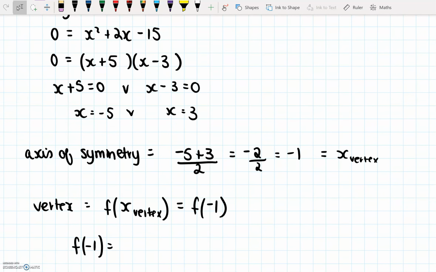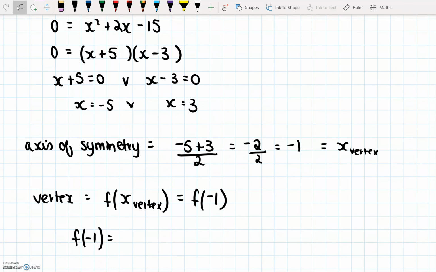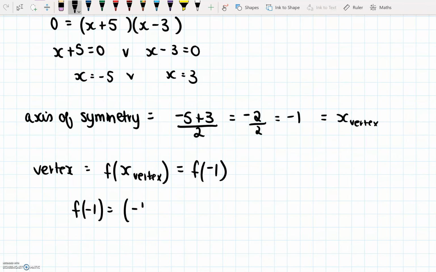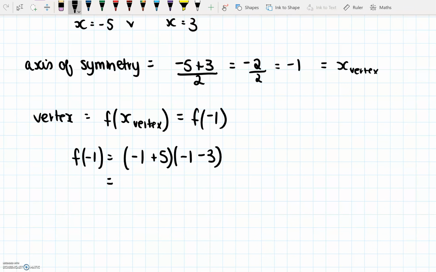You can actually also substitute it into the factorized form, so let's do that for something different. We have (-1 + 5)(-1 - 3), because usually it's much nicer and easier to do it this way. Now you don't have to expand the brackets here, because remember in BIMDAS, the first thing is B for brackets, so just do what's inside the brackets.